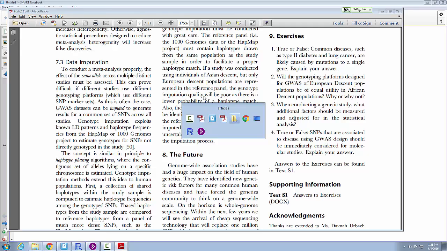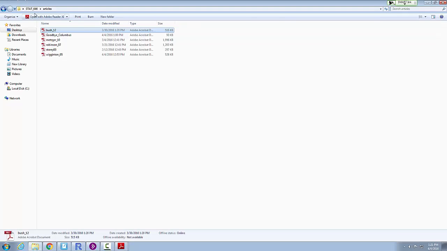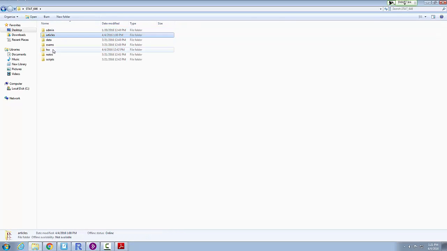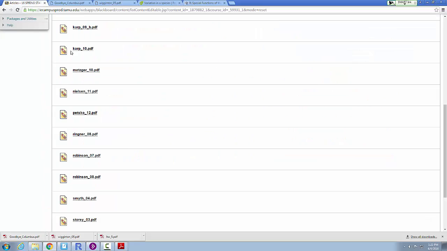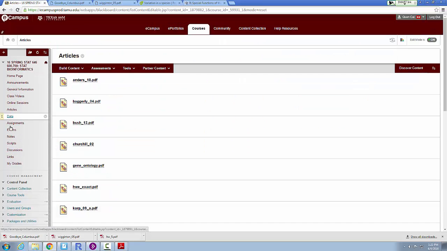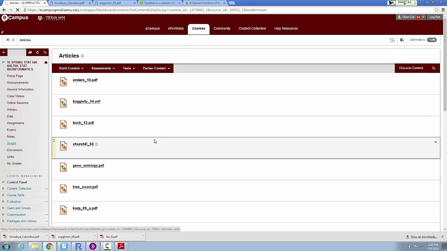So next up, let's go see some R code. Let's see the snpStats package. So I'm going back up to eCampus, scripts, and there is a gwas.r.